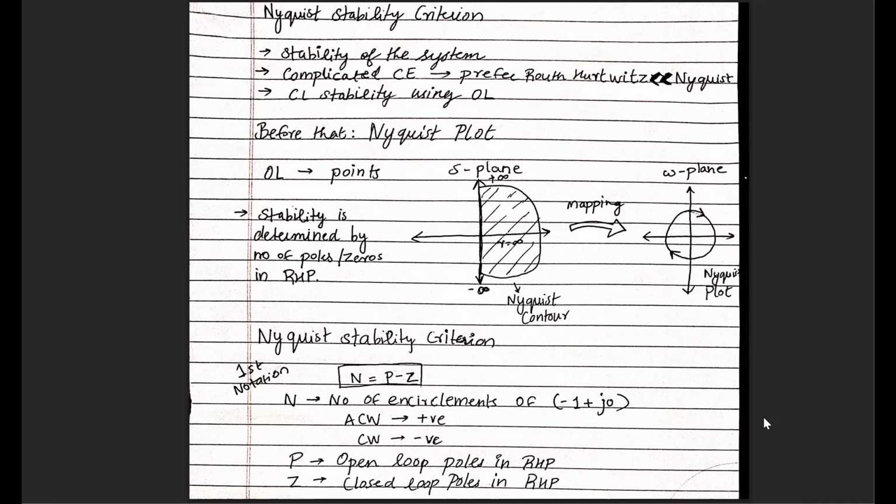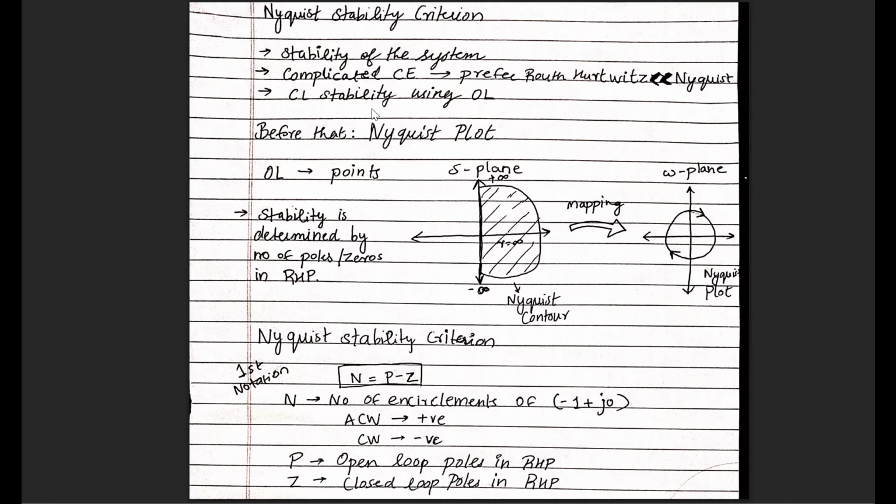So basically, Nyquist is a graphical way of figuring it out instead of going the traditional algebraic route that the Routh-Hurwitz criterion takes. The Nyquist criterion helps us to determine the closed loop system's stability using the open loop, which is an interesting thing to note at this point.